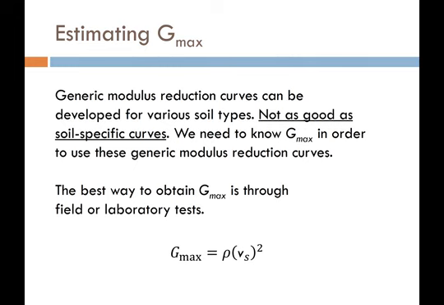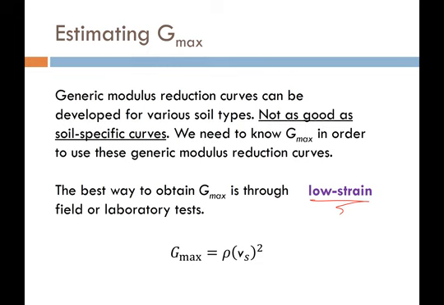Obviously, the best way to obtain G max is going to be through low strain field or laboratory tests with undisturbed soil samples. The reason is low strain means that the soil is still in its elastic region, and G max is an elastic property of the soil. Therefore, if I'm doing a low strain test, then I can basically measure G max directly.